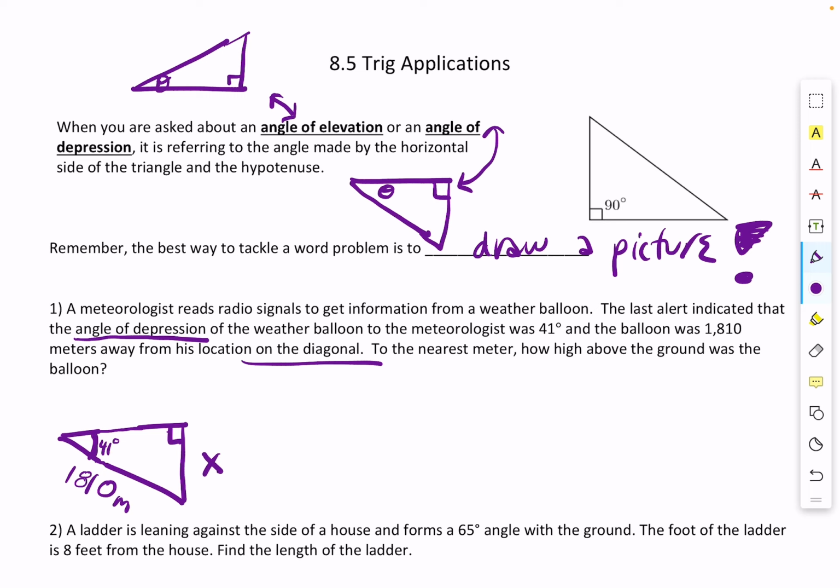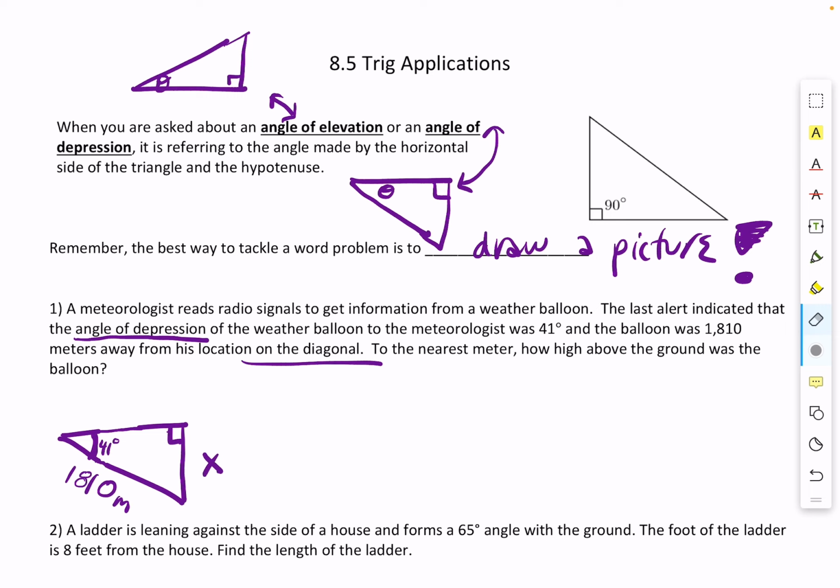All right. So now let's review how to solve it. We have to decide sine, cosine, or tangent. Let's start by labeling the sides. Is the x opposite, adjacent, or hypotenuse, from our angle of depression, the 41 degrees?